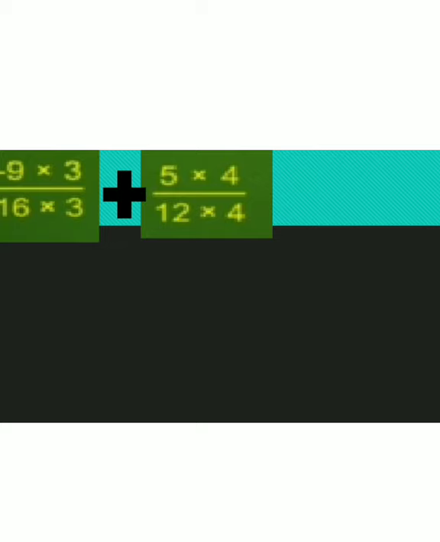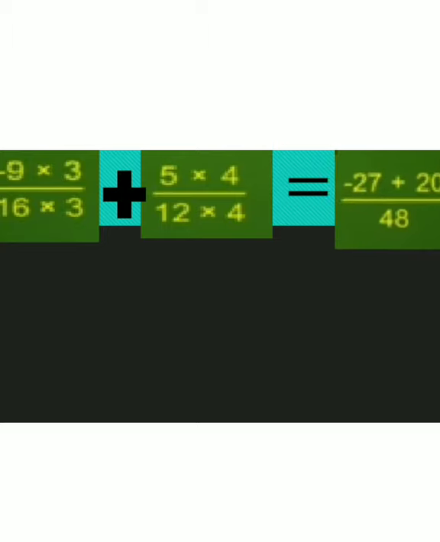So we are multiplying 4 with the numerator and the denominator. Minus 9 into 3 is minus 27 by 48 plus 5 4s are 20 by 12 4s are 48. So minus 27 by 48 plus 20 by 48. The denominators are the same, so we can write the common denominator as 48.